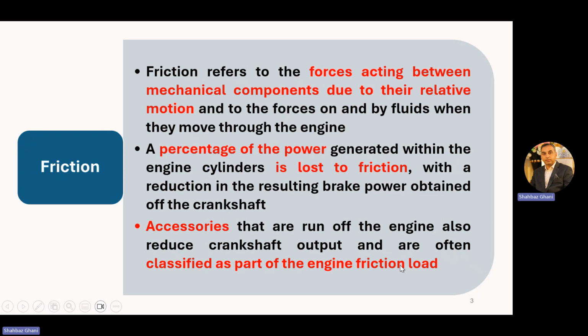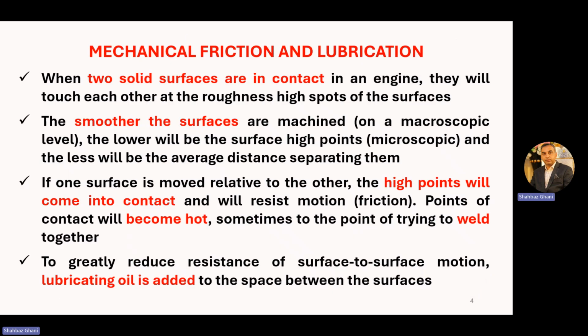As we have discussed, this is the parasitic load. So parasitic loads, the accessories like the water pump, supercharger, or any other accessory attached to the engine, also develop some friction. Some 1/3 of the engine power developed, as we studied in chapter 10, goes to friction load or friction losses.